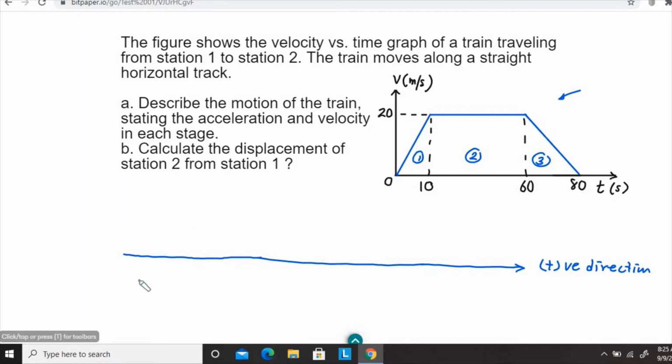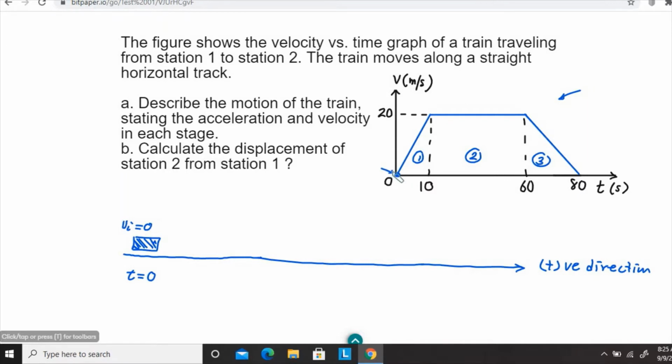Okay, so let's start. I'm going to say the starting point for this motion, I'm going to define it as t equals 0. At that moment, the velocity of the train is 0. So I'm going to show the train by this rectangular shape. That's our train. It's at 0 at the beginning, and that corresponds to this point.